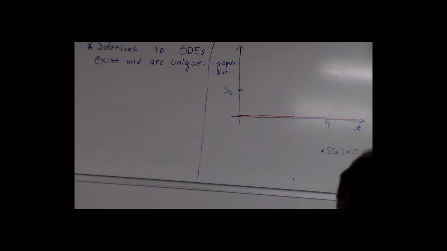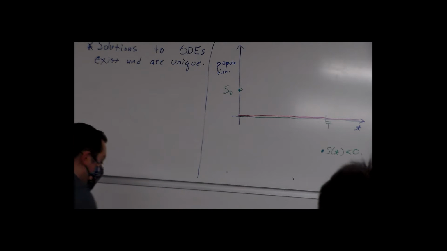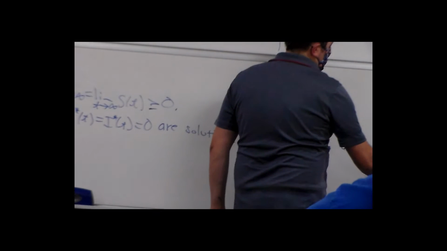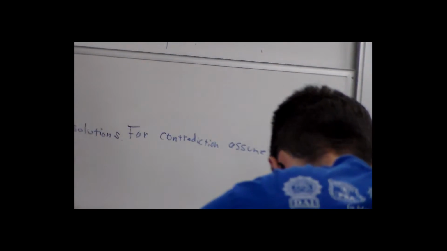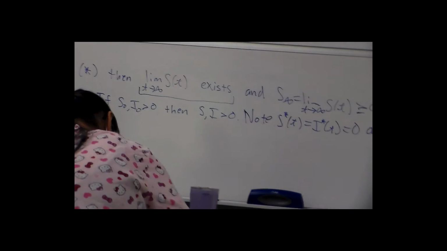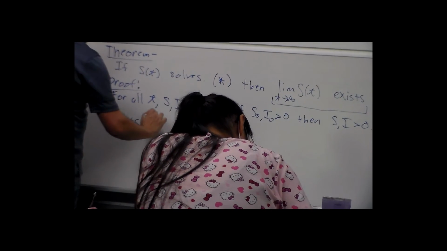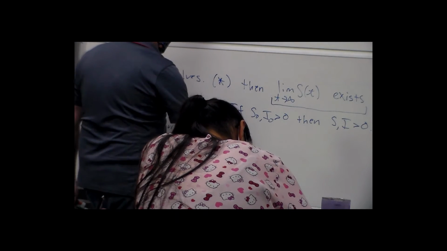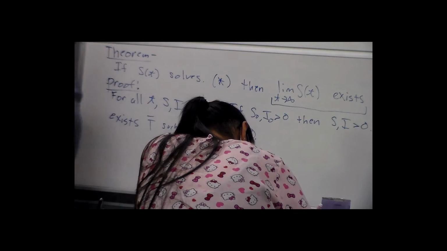Good, okay. So let me write this formally. Now, these are solutions, and I'm going to assume for contradiction there exists some t star or t bar such that S of t bar is less than 0.